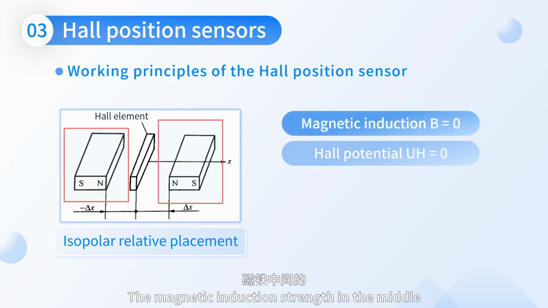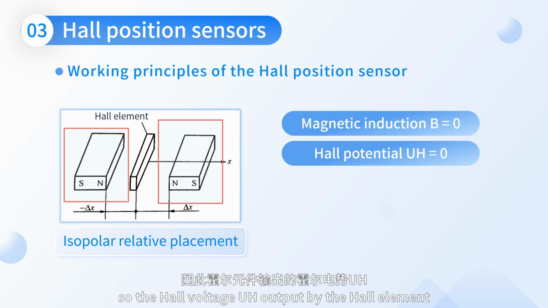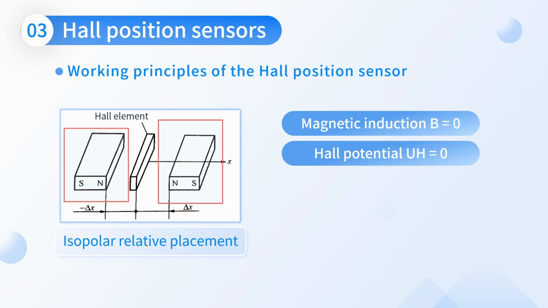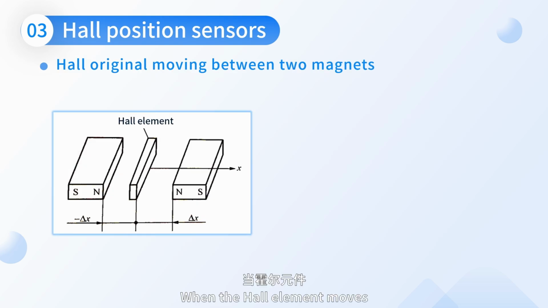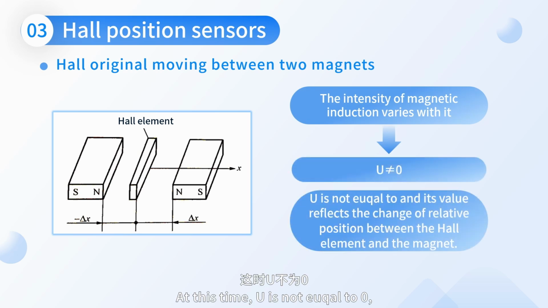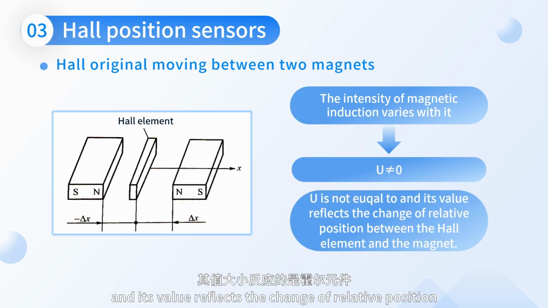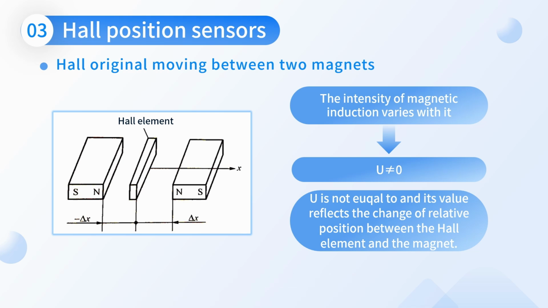The magnetic induction strength in the middle of the magnets B is equal to 0, so the Hall voltage UH output by the Hall element is also equal to 0, and the displacement X is equal to 0. When the Hall element moves between two magnets, the magnetic induction intensity sensed by the Hall element also changes. At this time, UH is not equal to 0, and its value reflects the change of relative position between the Hall element and the magnet.